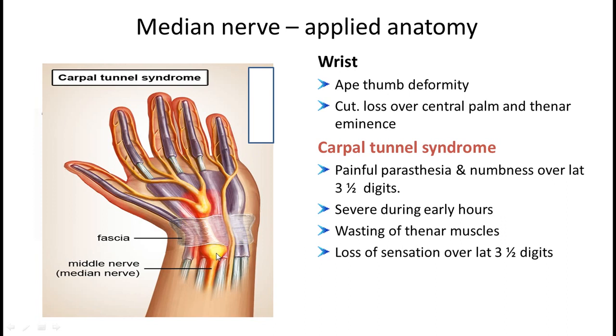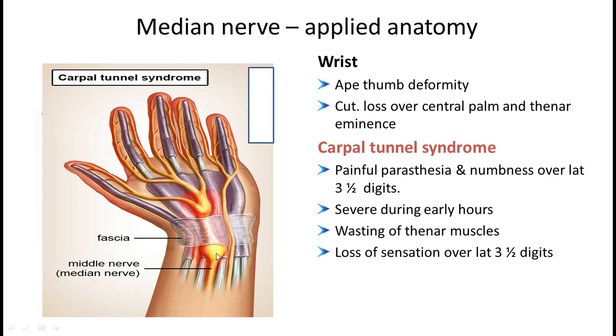So why actually during early hours is because at rest what happens is the inflamed material might get collected if it is a tenosynovitis or some fluid collection. So as day progresses, when you do some activities, the blood flow increases and naturally the inflammation might get reduced.